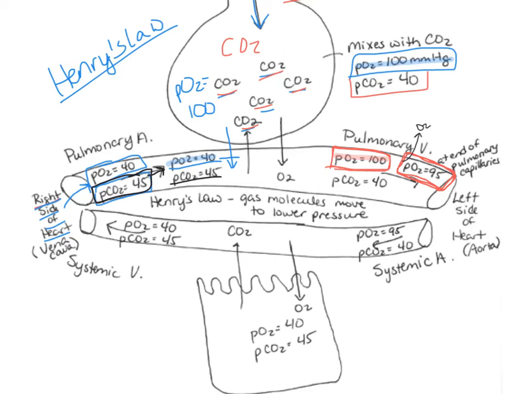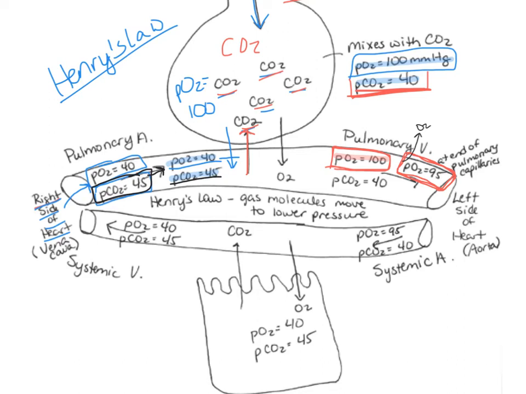You have a PCO2 of 45, and we said that in the alveolus we had a PCO2 of 40. So now carbon dioxide molecules want to move which direction? They want to move from high to low pressure. They're going to move into the alveolus. Okay, the carbon dioxide molecules move into the alveolus.